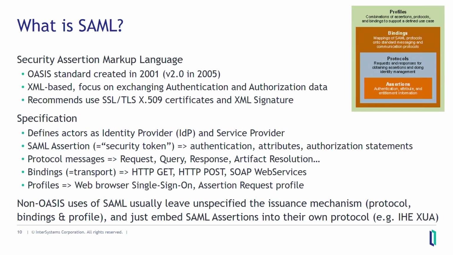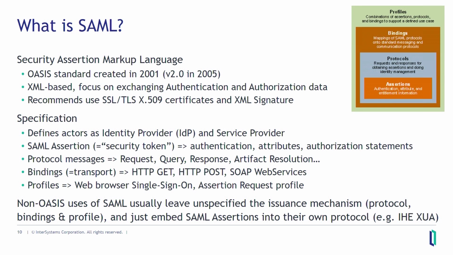Okay, so a lot of the use cases where we look at SAML are use cases that are not defined by the OASIS organization, and actually they often leave unspecified how the SAML assertions are issued. So everything I just mentioned last, the protocol, the bindings, the profiles, most of the time is something that is not clarified in how this SAML assertion came into play in a given process.